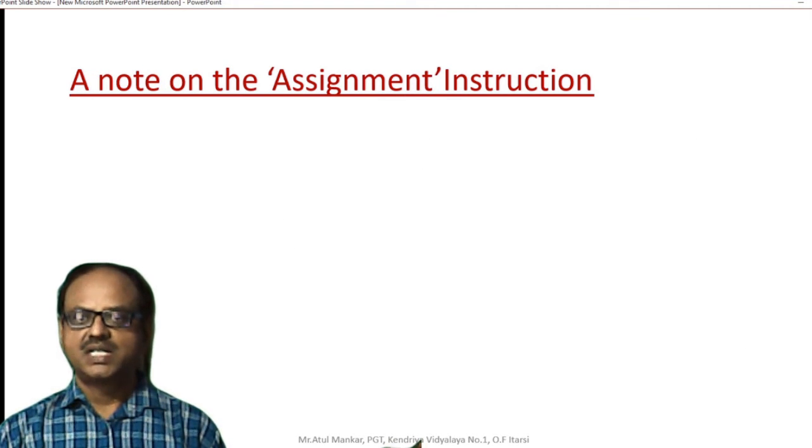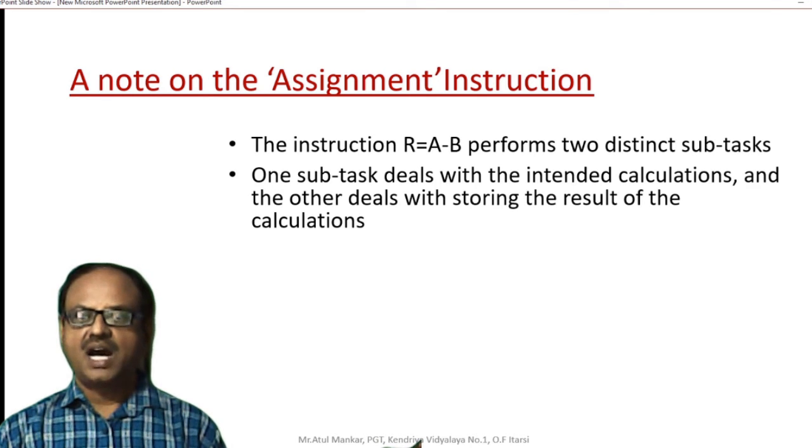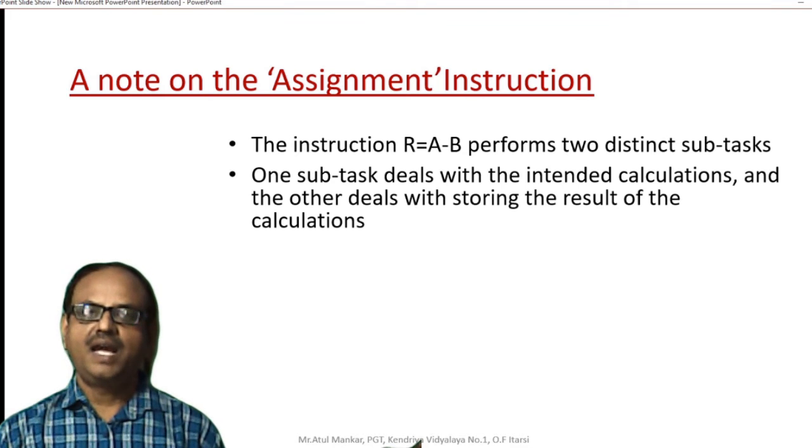Now how is the assignment done, or how does Dumbo note the assignment and calculate it? The instruction R = A - B performs two distinct subtasks. One subtask deals with the actual calculation and the other deals with storing the result of the calculation.